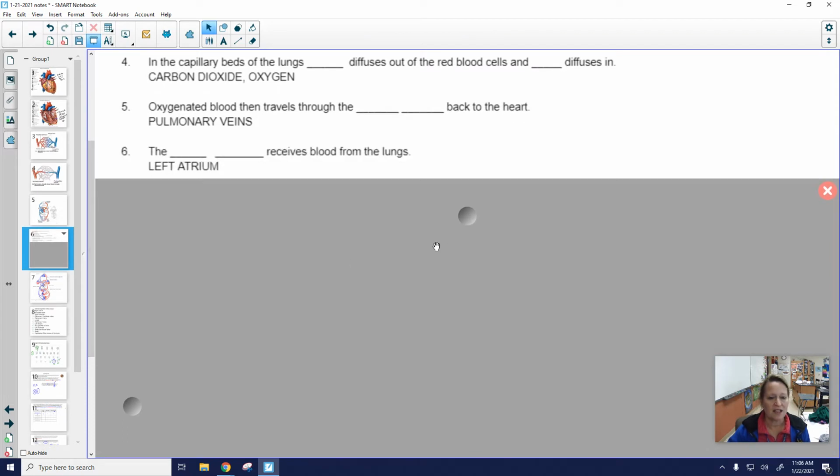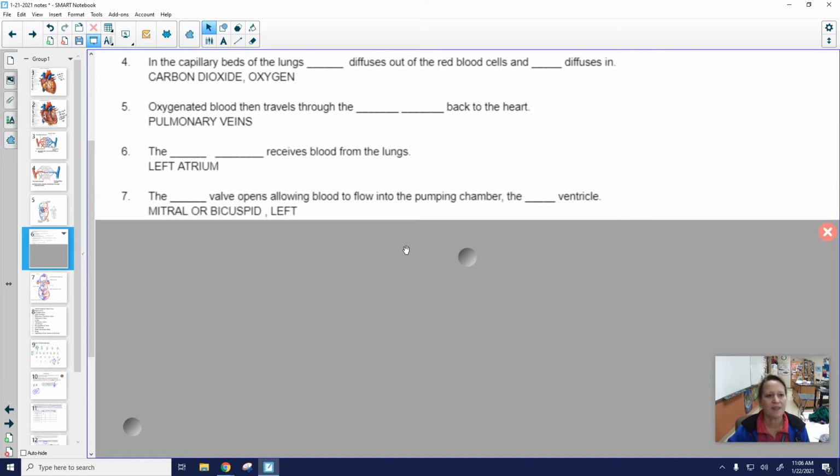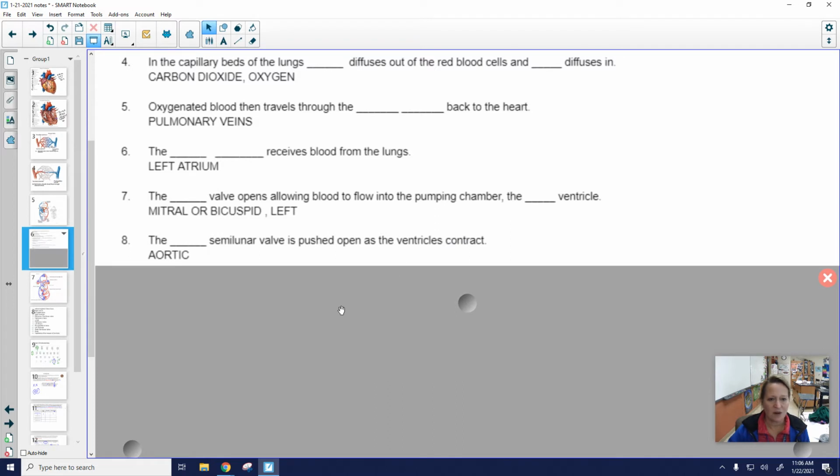And the left atrium is going to receive the blood coming through those pulmonary veins. The mitral or bicuspid valve is going to open, allowing blood to flow into the pumping chamber, which is the left ventricle. The aortic semilunar valve is pushed open when the ventricles contract.